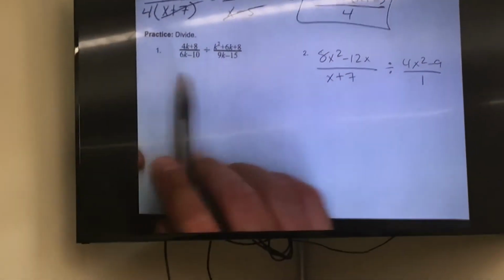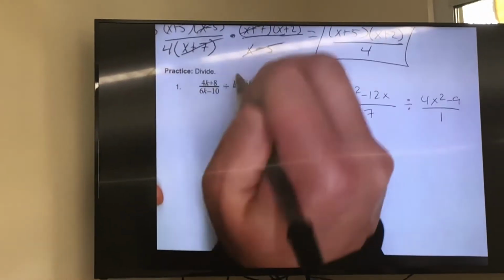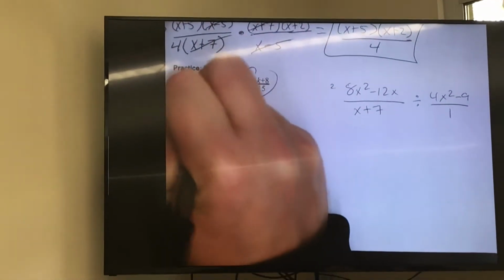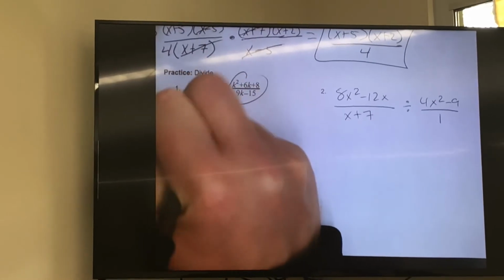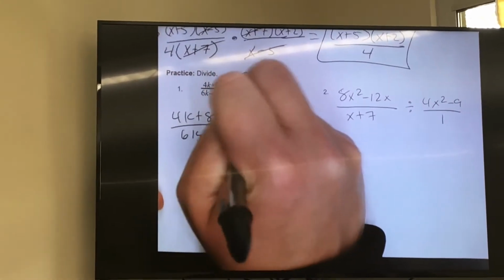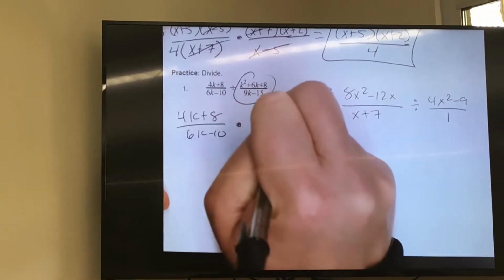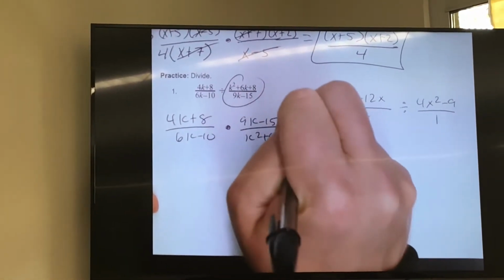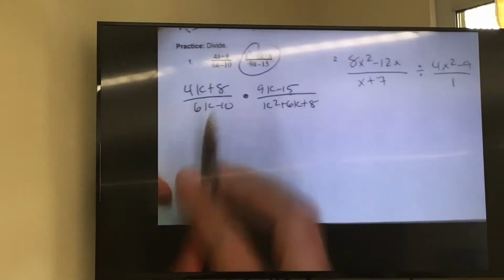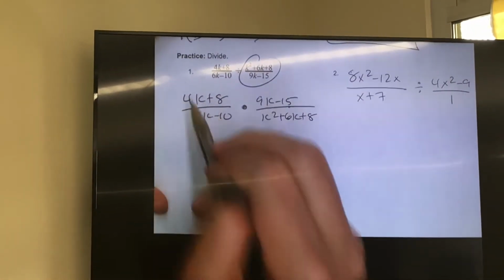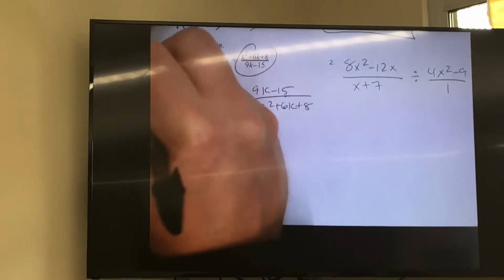Okay, guys, so 2 practice problems here. Again, the first thing is to flip, so 4k plus 8 over 6k minus 10 times 9k minus 15 over k squared plus 6k plus 8. On the top, you should have a GCF of 4.